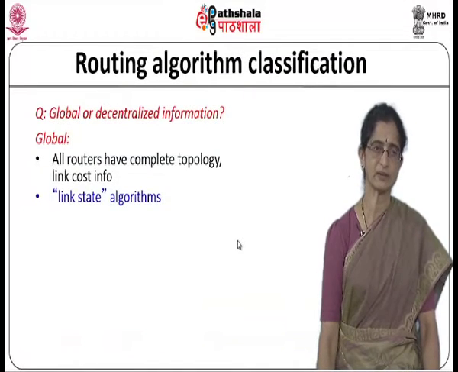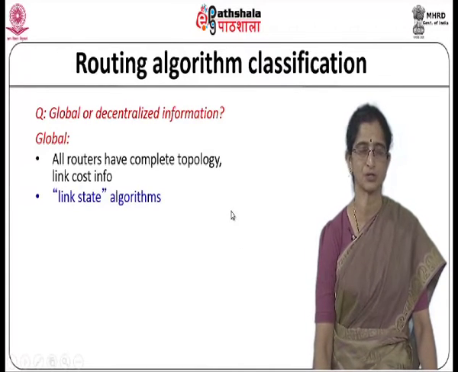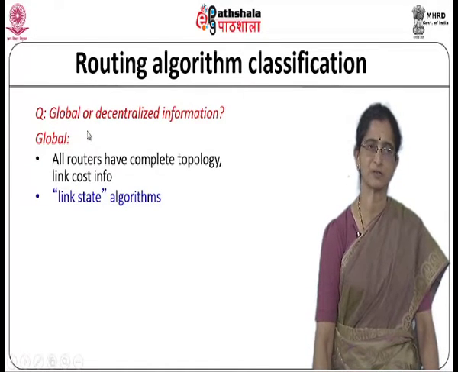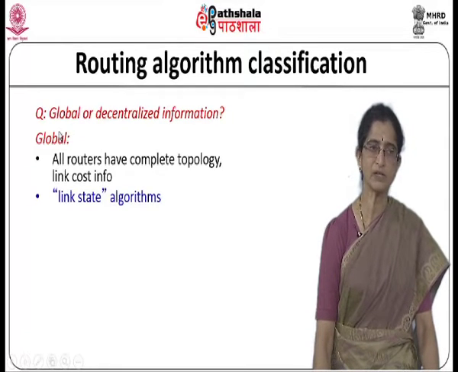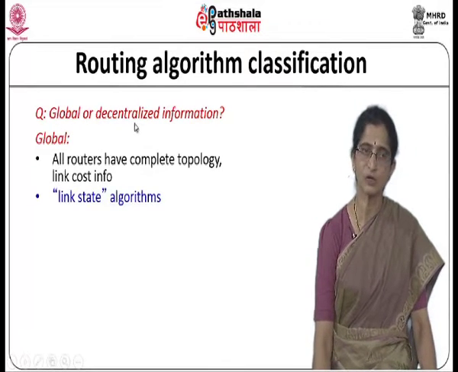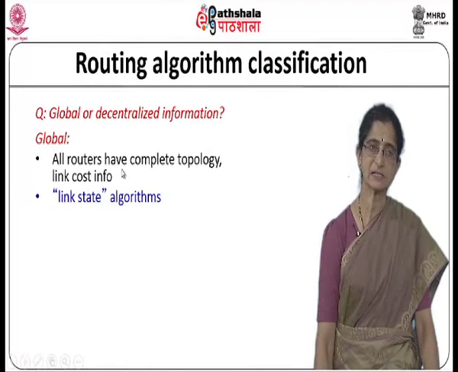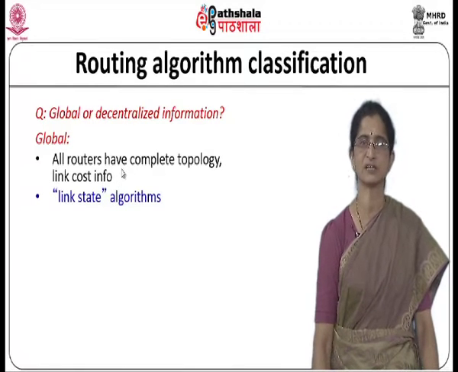When you talk of routing algorithms of this nature, there are different classifications that we can talk about. One of the fundamental questions in coming up with a routing algorithm is: is it going to deal with global information or with local decentralized information? When I say global information, it means that I need a complete picture of all the routers in my network.